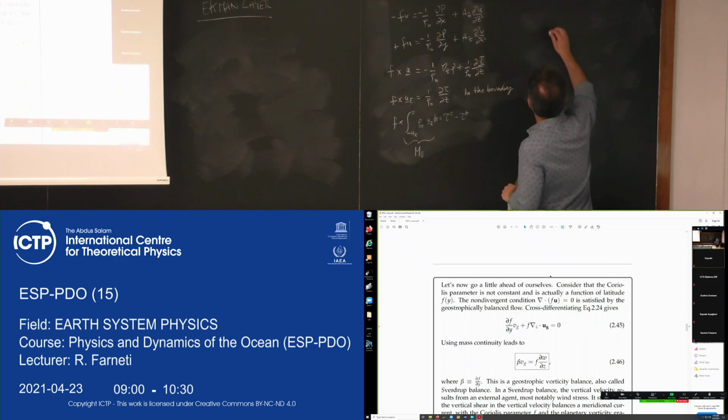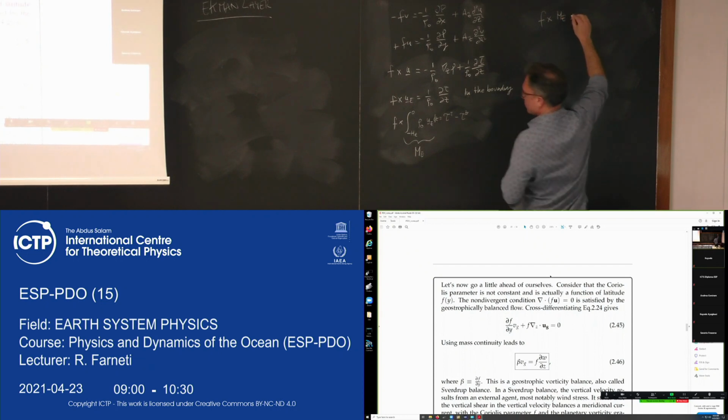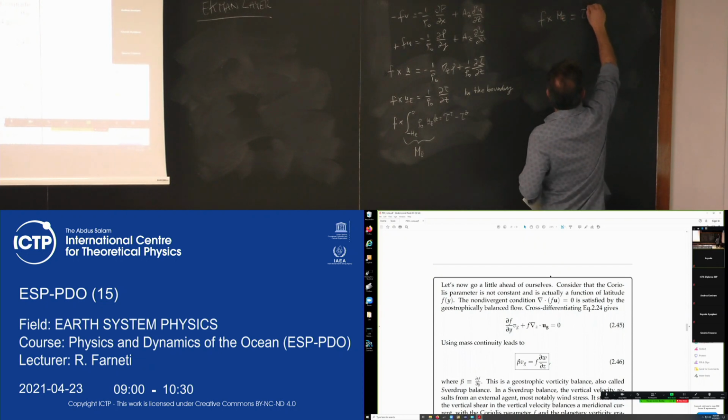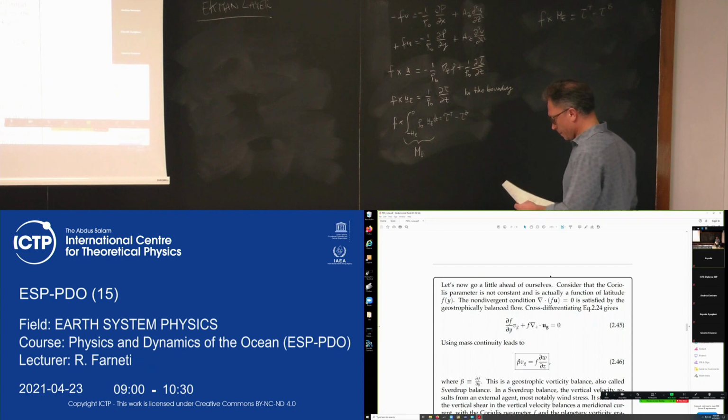Okay, so now our equation looks something like this: tau top minus tau bottom, within the boundary layer.